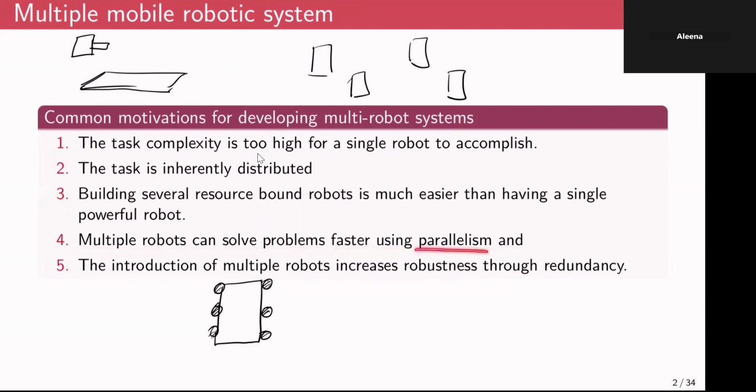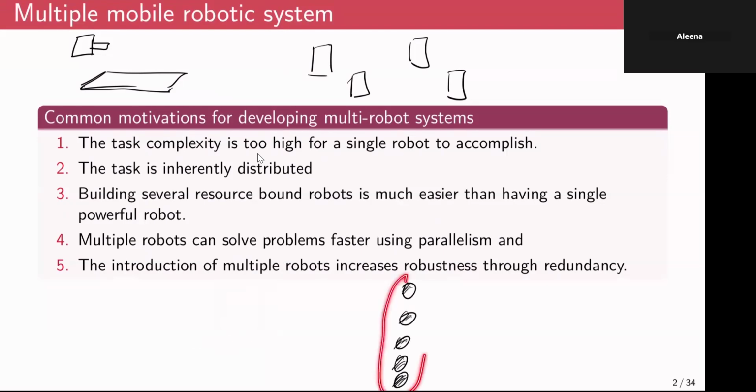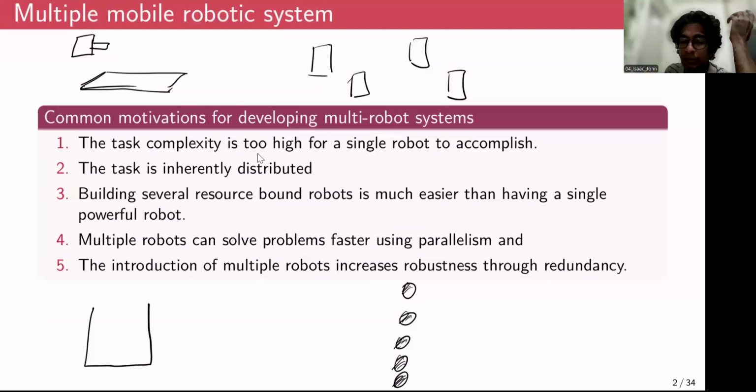So the keyword to notice is parallelism. In parallelism, the order of executing a task would not make any difference. For example, if you have three or probably five objects here, and your goal is to pick all these objects and place them in a bin at a different location, these sorts of tasks are easily parallelizable.